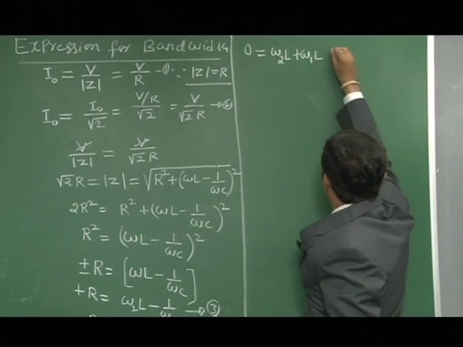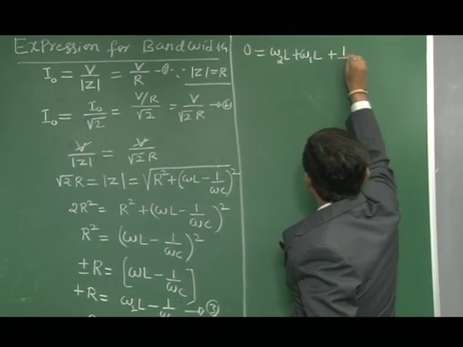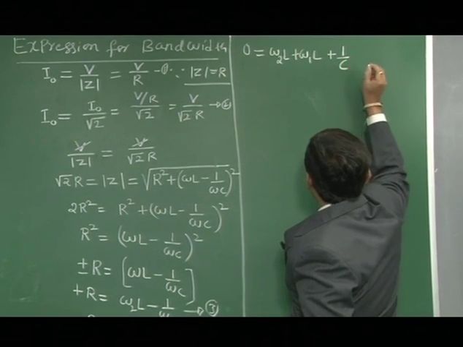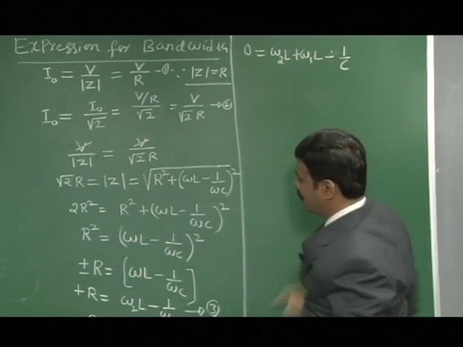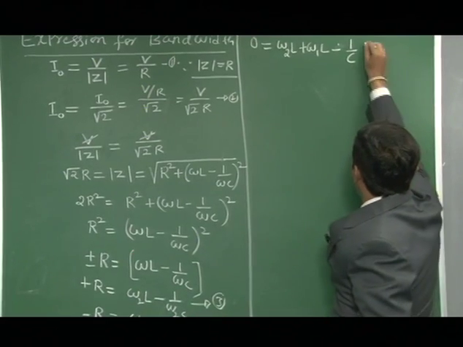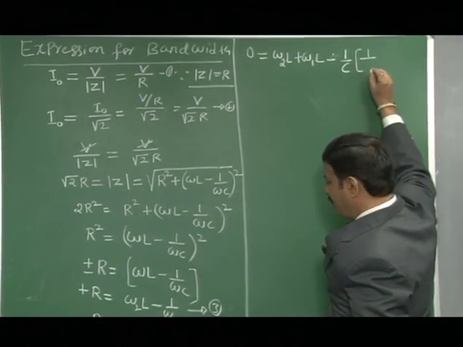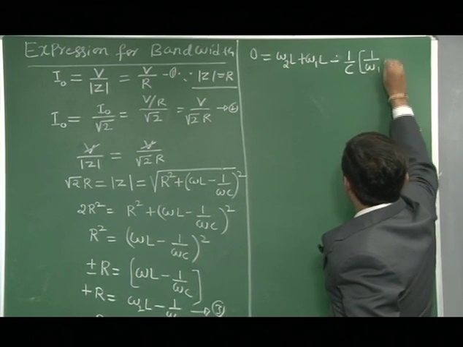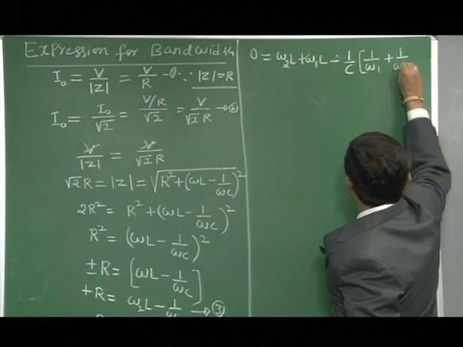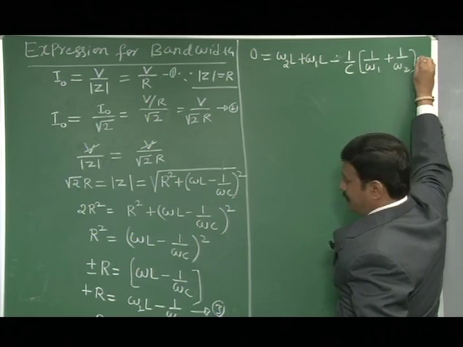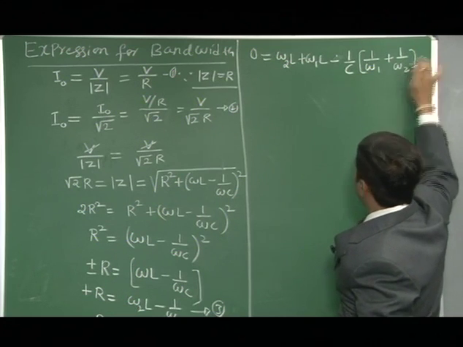Next, I will take 1 by C outside, and within the bracket you will get 1 by omega 1 plus 1 by omega 2. This is equal to 0.